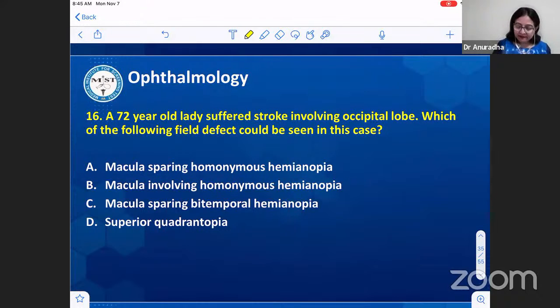If there is a stroke involving the occipital lobe, what do you expect? Macula sparing homonymous hemianopia, macula involving homonymous hemianopia, macula sparing bitemporal hemianopia, superior quadrantopia. Perfect. So all of you have given me the correct answer. Occipital cortex lesions lead to macula sparing homonymous hemianopia.